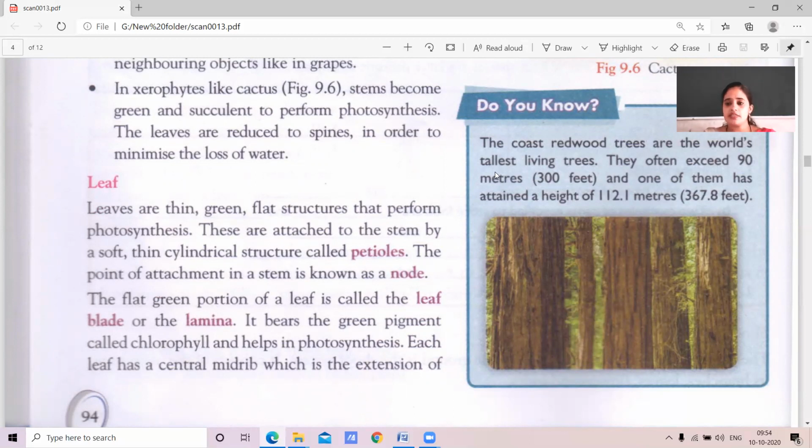Leaves are thin, green, flat structures. They perform the function of photosynthesis, which means the plants prepare their own food by a process we call photosynthesis.